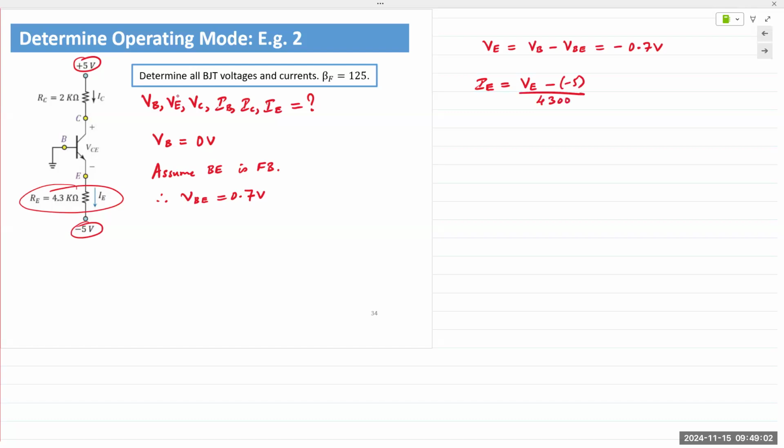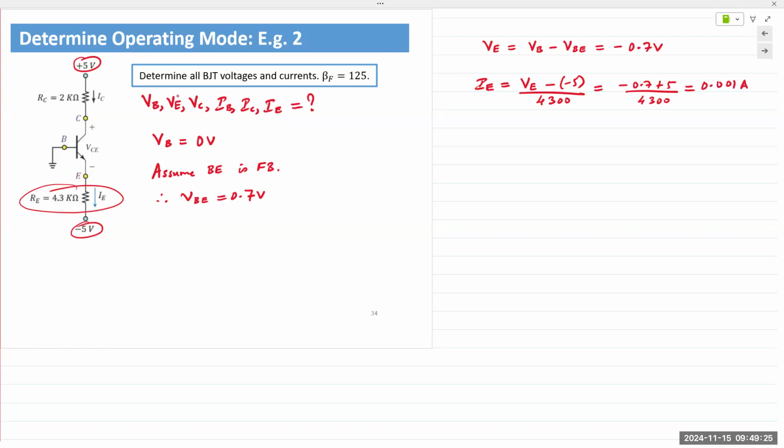No, wait, I have it the other way around. VE is -0.7 and the supply is -5. Yeah, correct. So this is 0.7 plus 5. That gives me 1 milliamp.